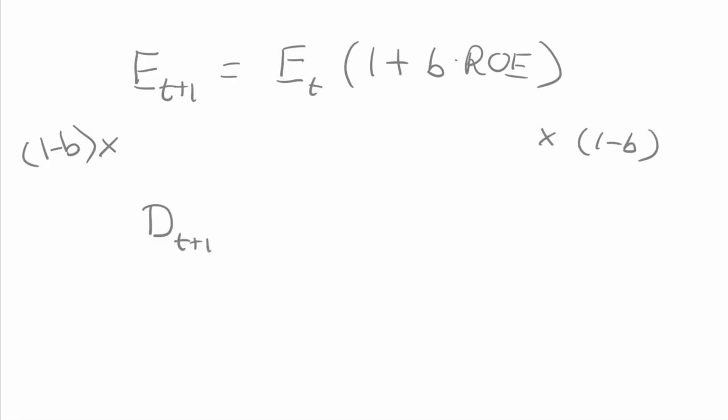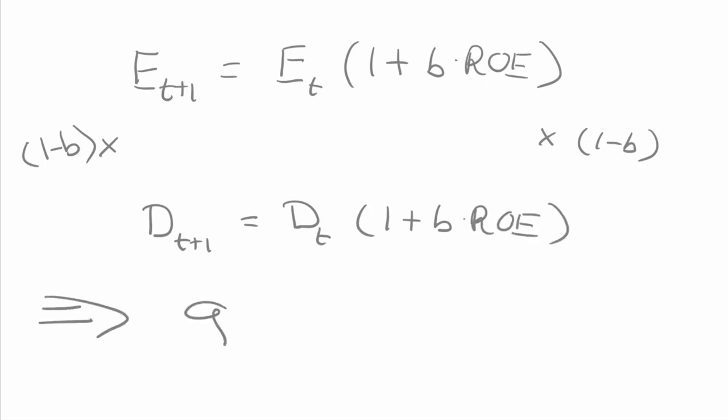Dividends at t plus 1 equals dividends at t times 1 plus B times ROE. You'll remember that G was the growth rate of dividends. So we have just shown that G equals B times ROE. That's the end of our proof.